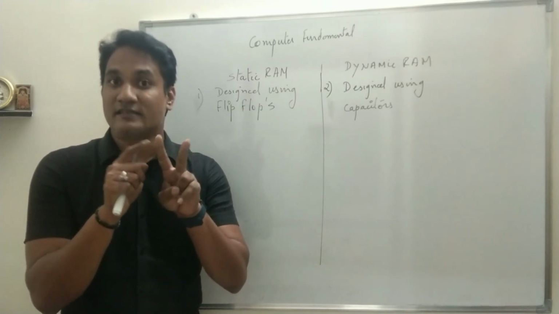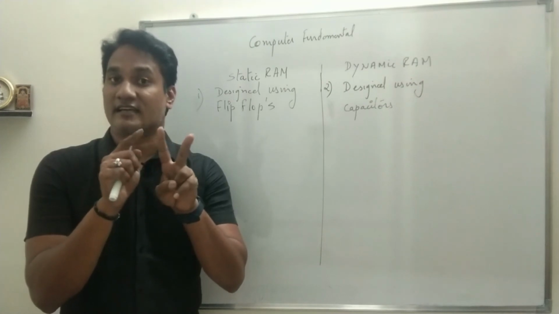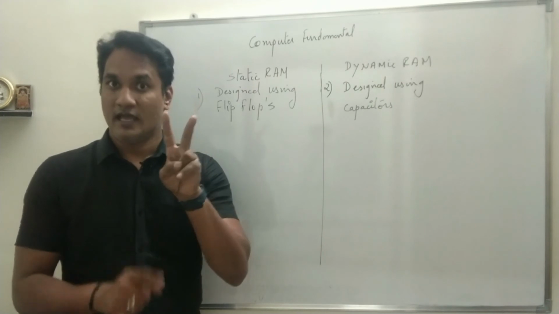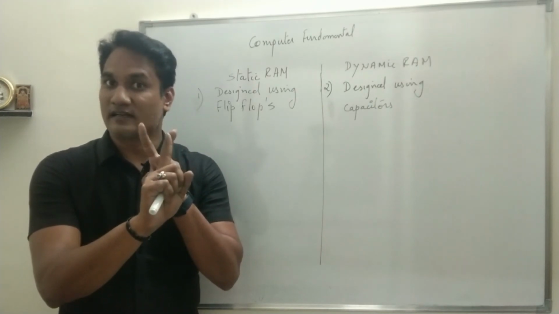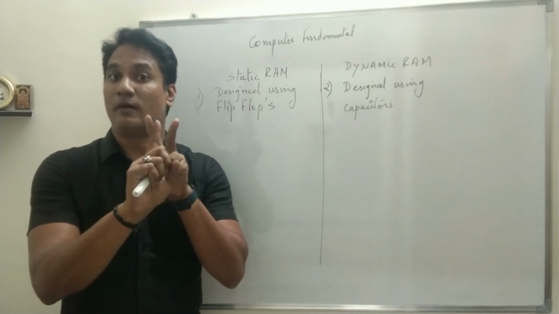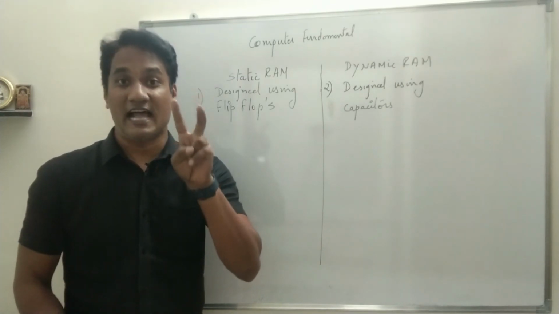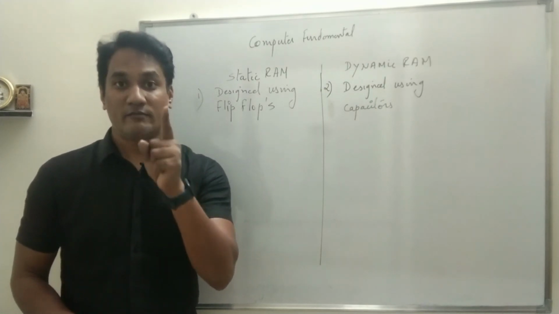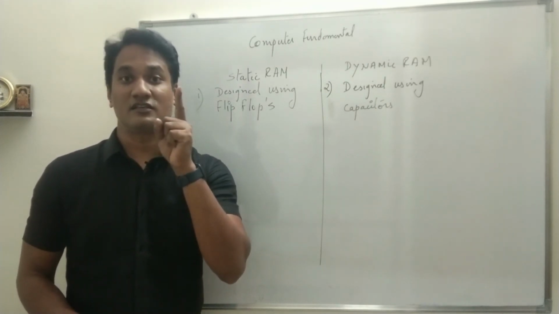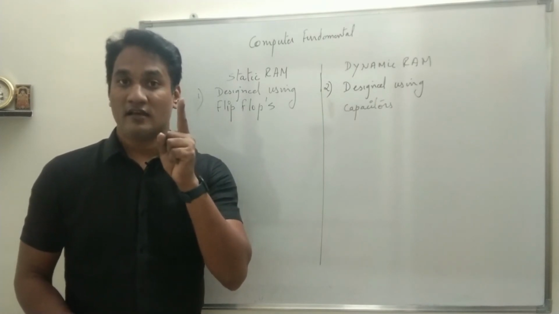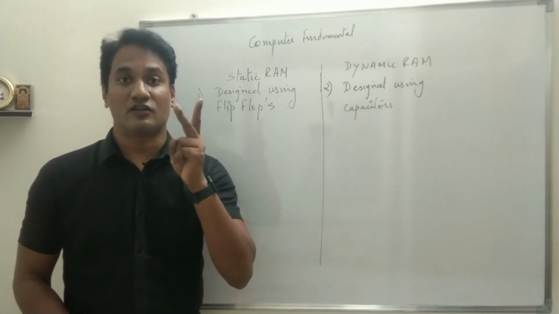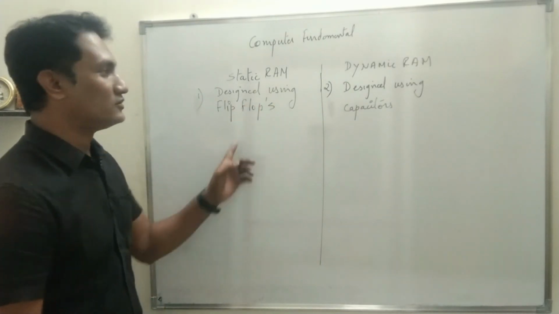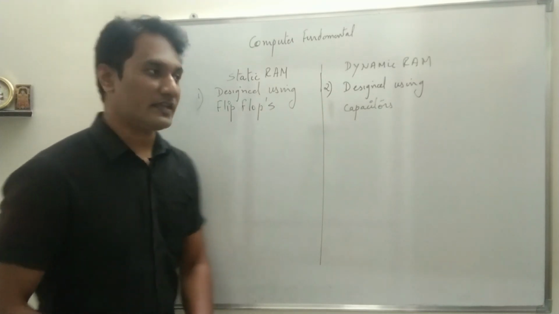So if the capacitor is completely charged, we consider the capacitor to be storing data as 1, and a completely discharged capacitor is considered to be storing binary information as 0. I hope you have understood. One capacitor acts as one memory element. A completely charged capacitor is considered to be storing 1. A completely discharged capacitor is considered to be storing 0. Okay, so this is the first difference. This is designed using flip-flops, this is designed using capacitors.